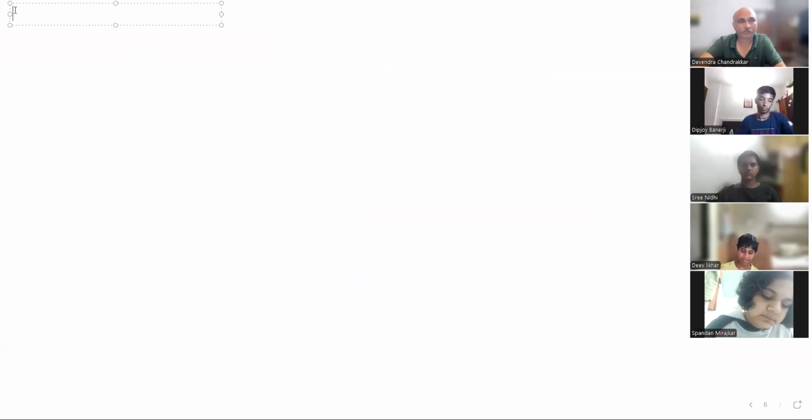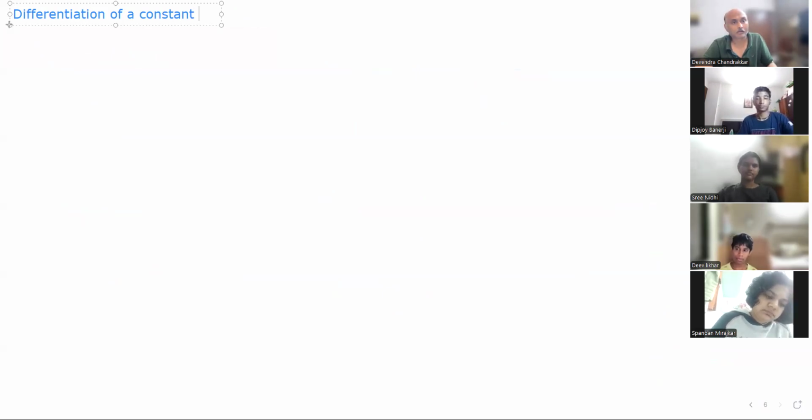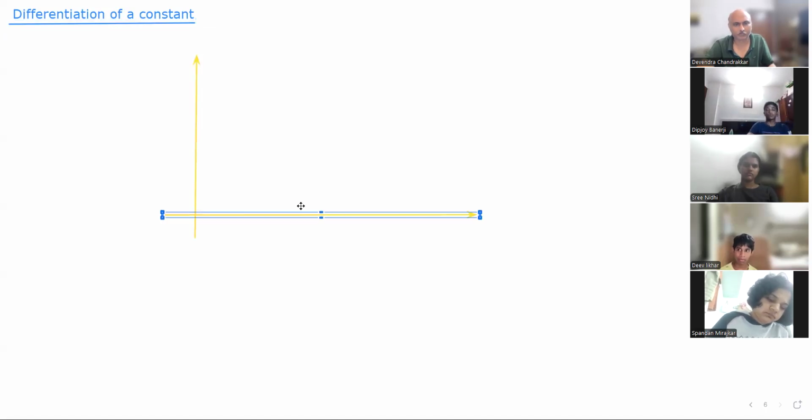Before I move ahead, what is the differentiation of a constant? I just want you to see this. This is what we have for a constant. I'll draw the graph and I'll also use the equation.